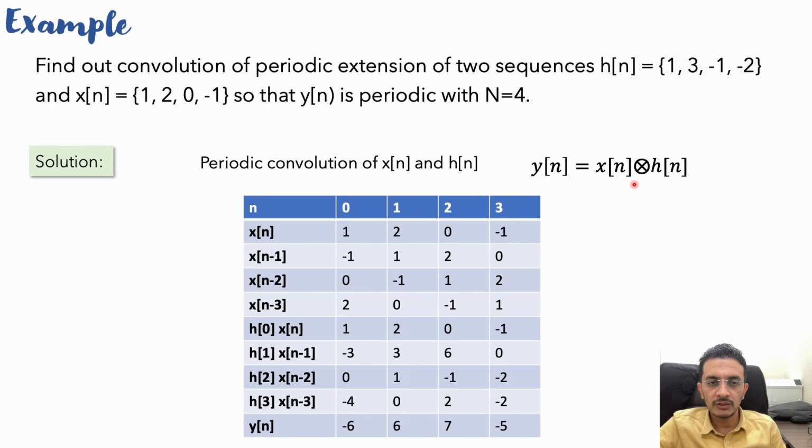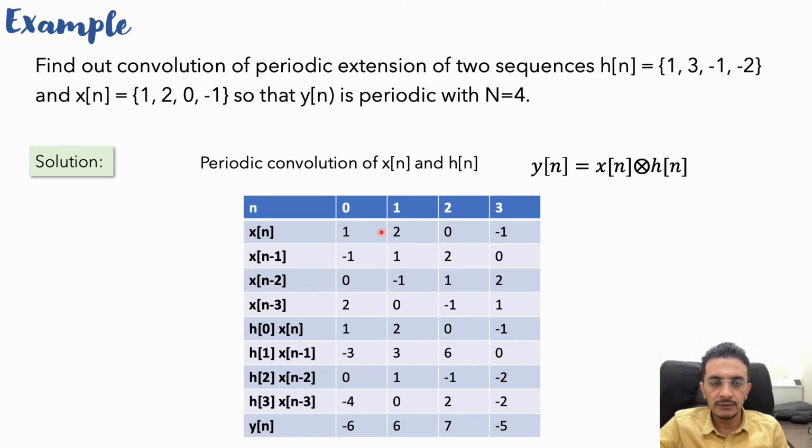Now, instead of drawing those concentric circles, we can write them down in a table. Since we know that our output sequence will also have the same fundamental period as our sequences, in this case 4, we will have sample 0, sample number 1, sample number 2, and 3. So these accumulatively form 4 samples, right? So our output will also be of 4 samples.